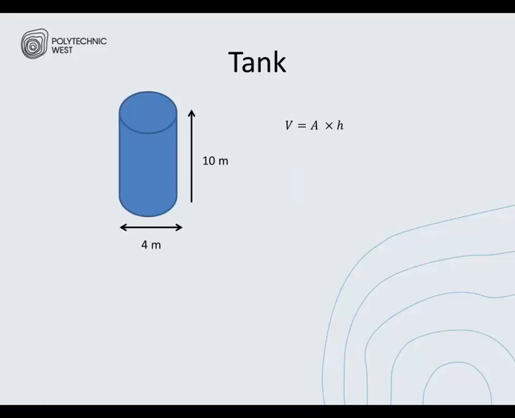Here I'm going to use that in an example. I'm going to find the volume in cubic meters of this tank. I've got a tank, it's 4 meters across, 10 meters high. Now, volume is area times height. Approximately then, 3/4 of d times d times the height in cubic meters.